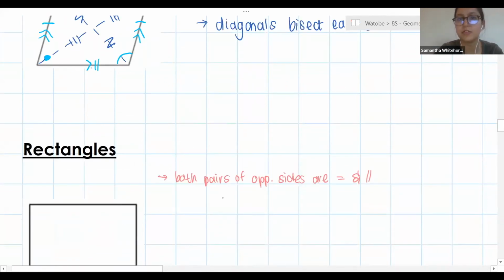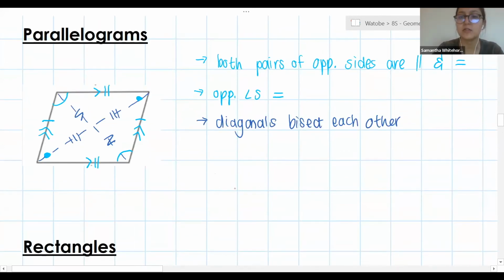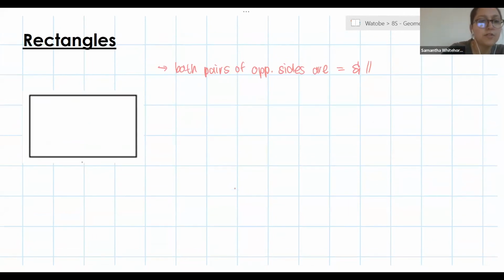That was the very first thing we wrote down for parallelograms. And this is because rectangles are just special types of parallelograms. So all of the characteristics that we have for parallelograms also apply to rectangles. So there are my opposite sides being parallel and equal to each other.